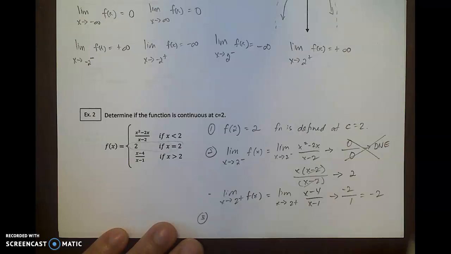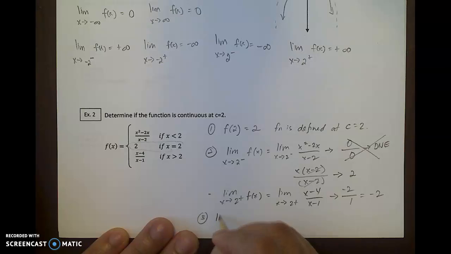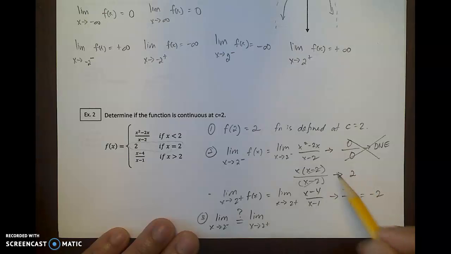Now the third requirement is that the limit coming in from the left must equal the limit coming in from the right. Coming in from the left, the limit is positive 2. Coming in from the right, it's negative 2.